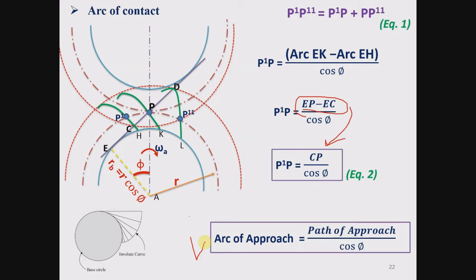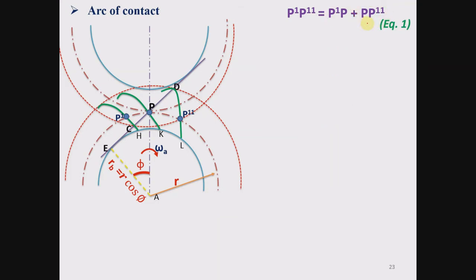Now next step. We want to determine arc of contact P dash P double dash. We have determined P dash P, which is arc of approach. Next we will go for arc of recess P double dash. So write down, let TR be the time required to traverse the arc of recess P double dash.